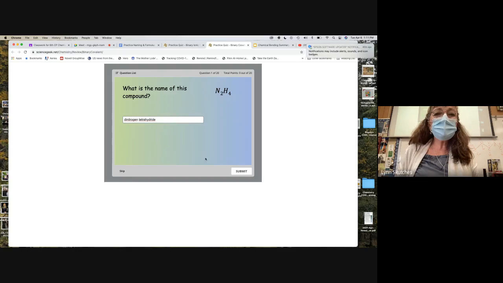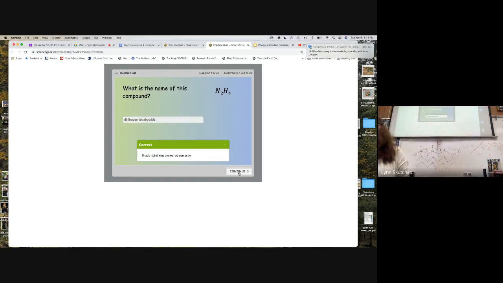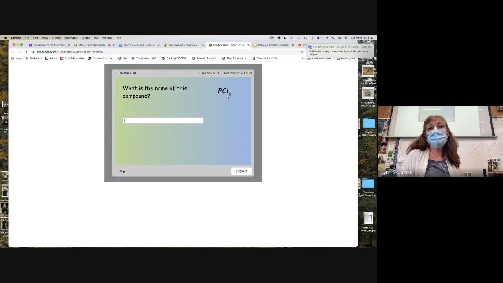Dinitrogen tetrahydride. Yay. So for the I that Jack was saying earlier, it's only if it's on the last word, like sodium chloride. Carbon monoxide. Carbon dioxide. Phosphorus pentachloride. We did that one earlier.